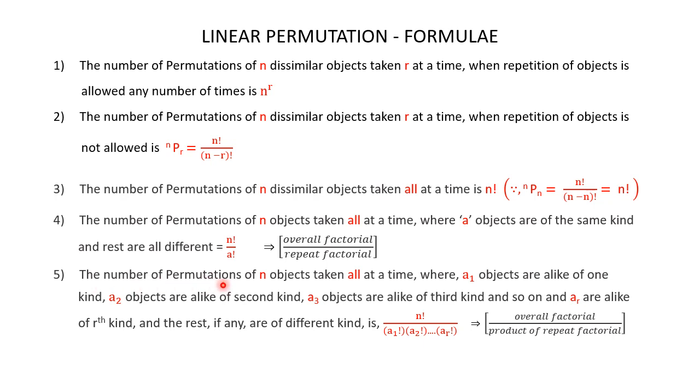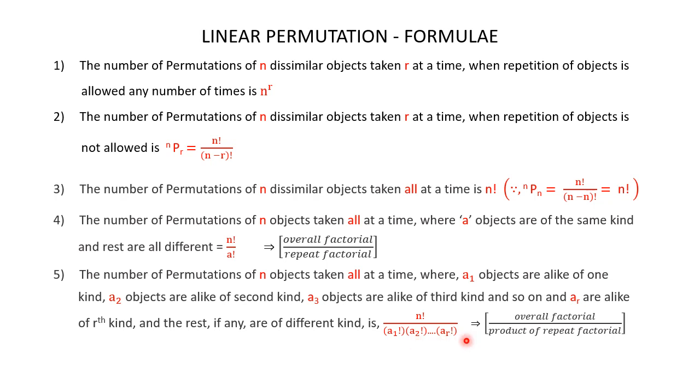The number of permutations of n objects taken all at a time, where A1 objects are alike of one kind, A2 objects are alike of second kind, A3 objects are alike of third kind, and so on, and Ar are alike of the rth kind, and the rest, if any, are of different kinds, is n factorial divided by A1 factorial multiplied by A2 factorial multiplied by A3 factorial, and so on till Ar factorial.